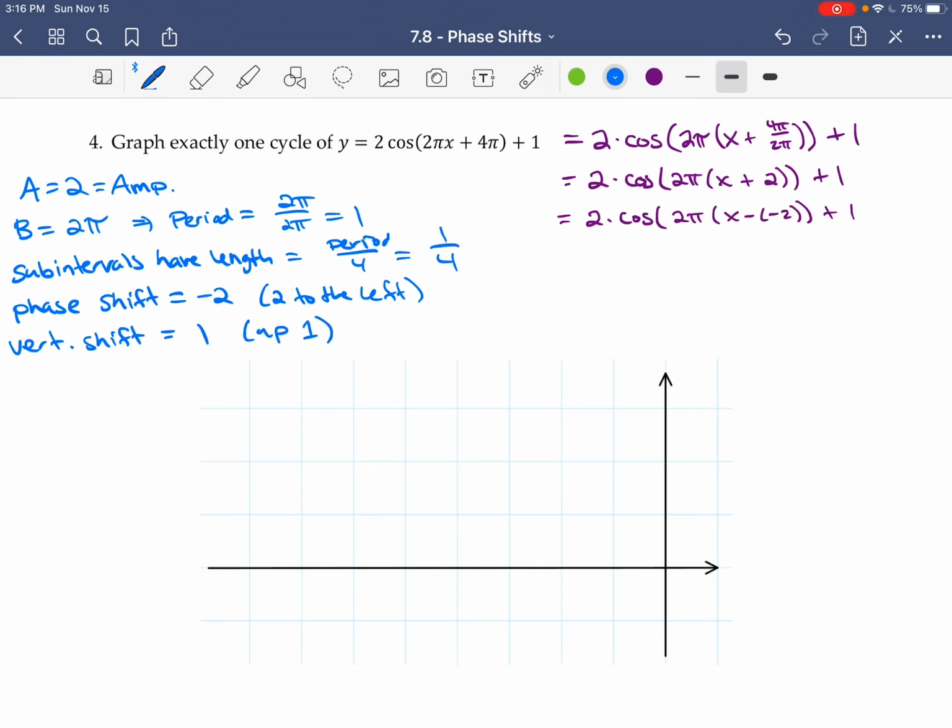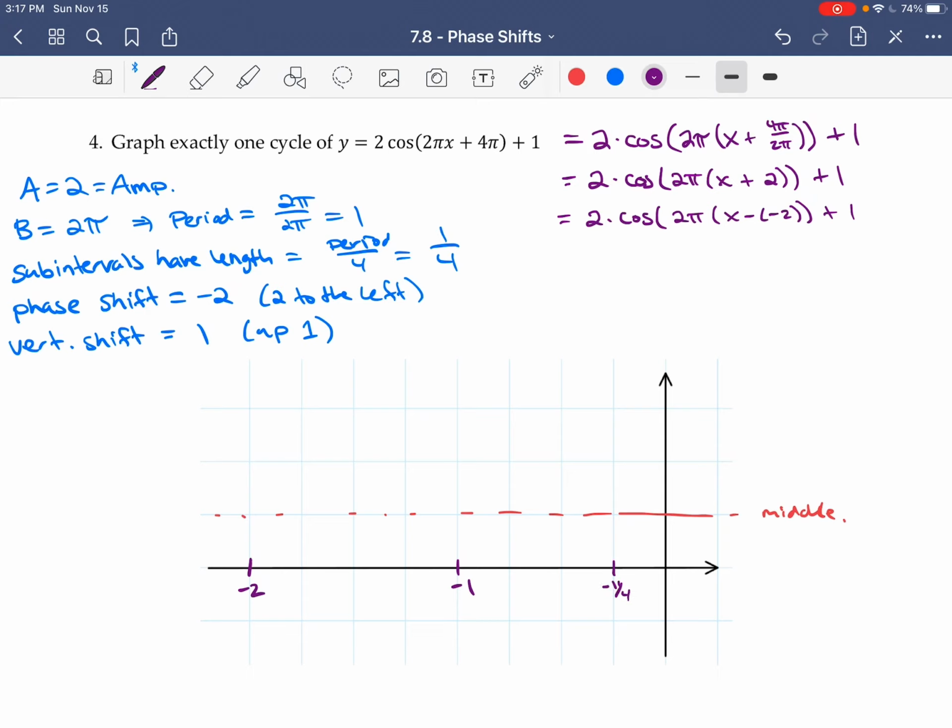Okay, so that means, okay, so up 1, this is going to be my new middle or baseline. Okay, now I shift 2, and I want to break them into 4 bits. So I'm going to go 2 to the left. I'm going to do it more than 1 unit though. So 1, 2, 3, 4, 1, 2, 3. So I'm going to put negative 2 here so that negative 1 is here, and then I have them into 4 parts.